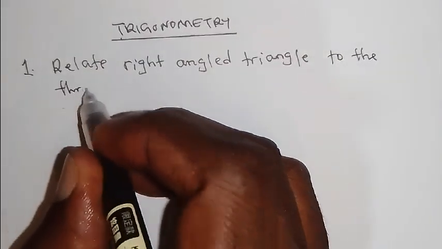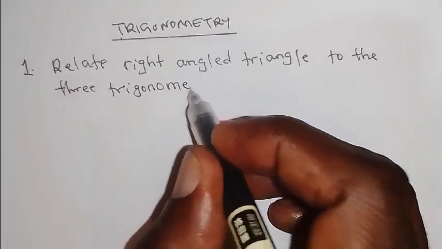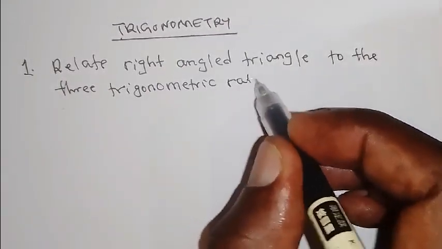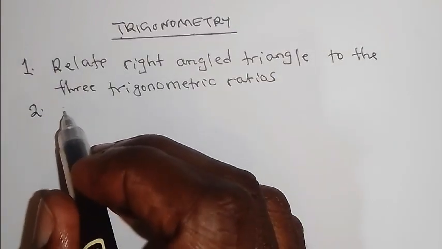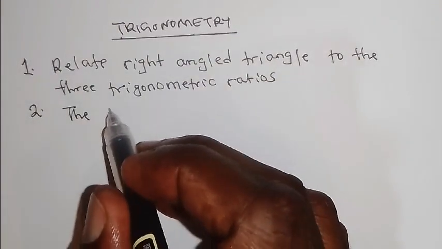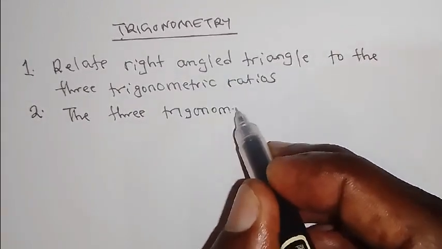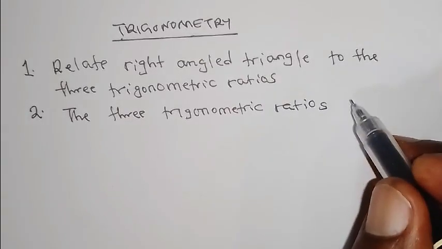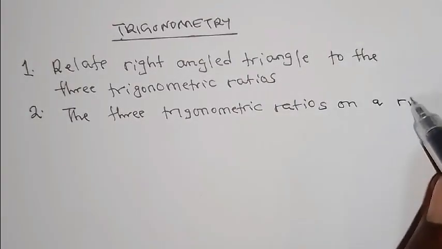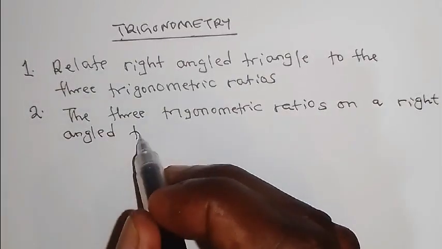Today we look at the trigonometric ratios, the three trigonometric ratios on a right angle triangle.